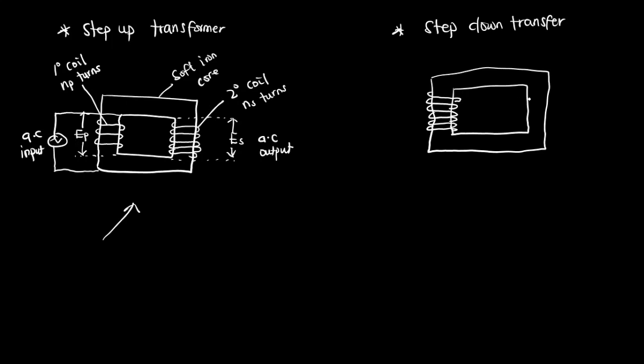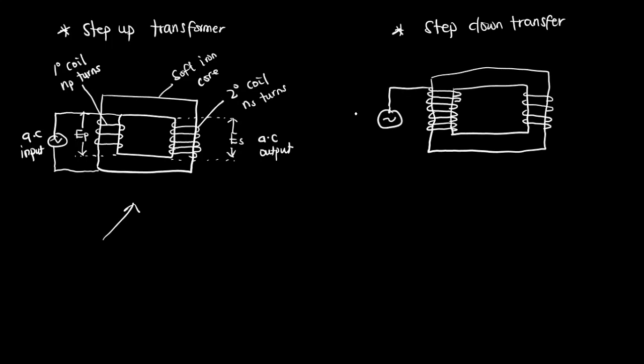But then on the secondary side, we have, let's say, just a few turns, something like this. Let me even add more here. So if you look at this, obviously the number of turns on the primary side is more than on the secondary side, right? So let me complete the drawing.